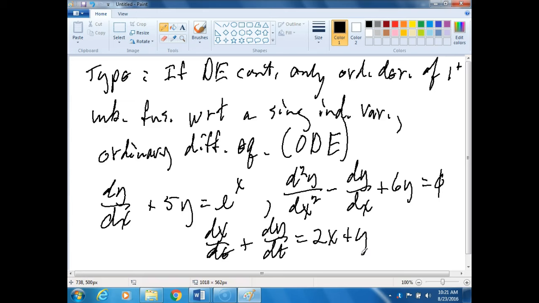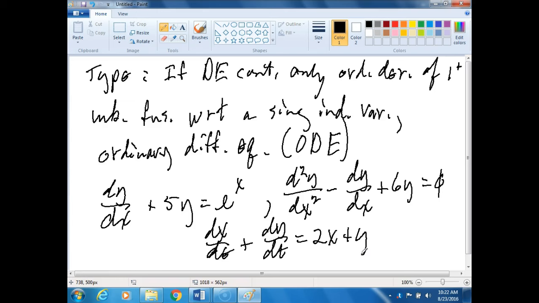How many independent variables do we have here? 1. t. Only one independent variable. x is a function of t, y is a function of t. t is your independent variable, x and y are functions or dependent variables. These are ordinary differential equations.